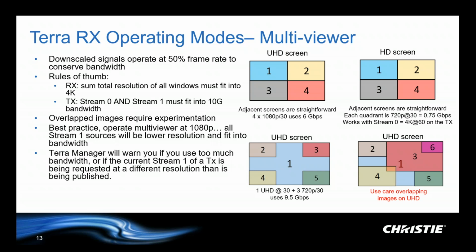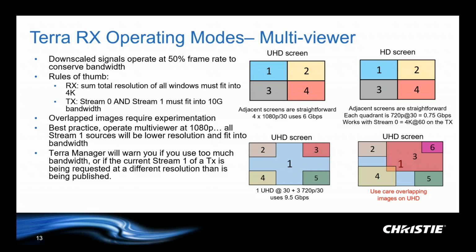If the transmitter was 4K, it would probably find it very hard to transmit stream 1 at 1080p at 30 frames a second, because it's 1.5 gigabytes. So you may be right on the limit there.